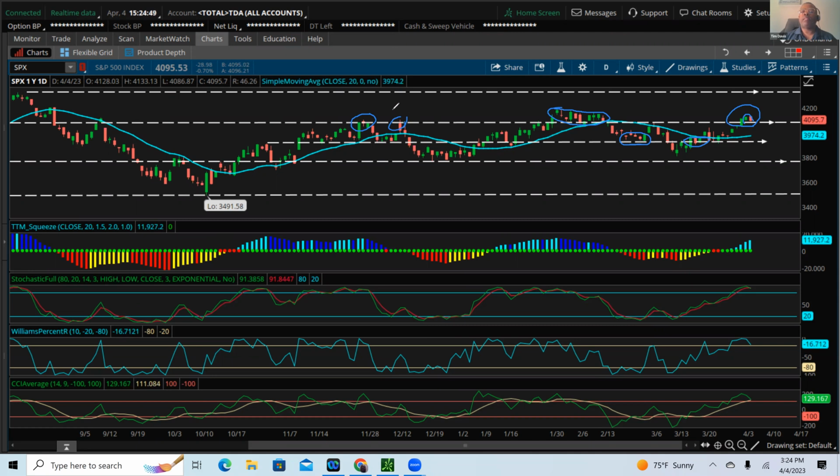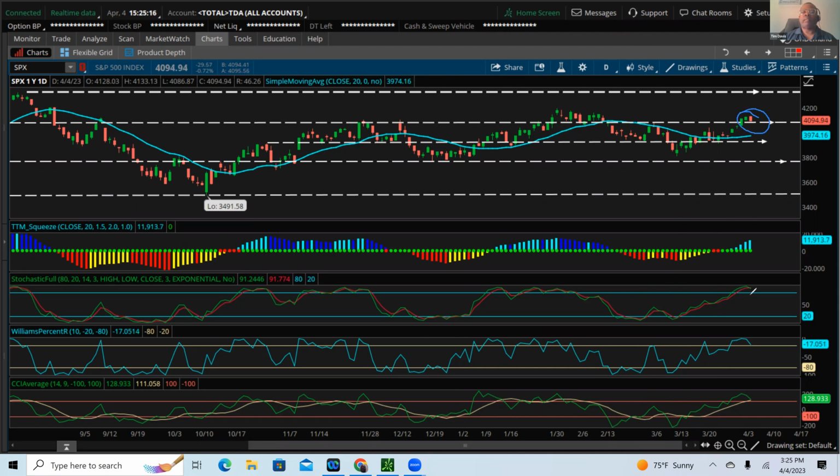Former resistance, once price action breaks above it, on the way back down becomes a level of support. So now, at about 3:25, the question is: will the bulls find a way to hold this level of support right around 4,100 today? That is to be determined.